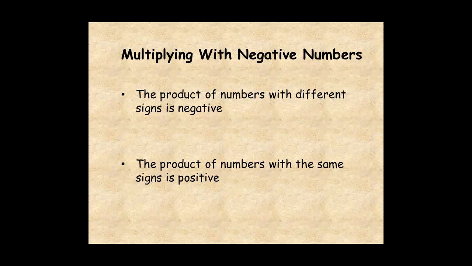Here's how the rules for multiplying with negative numbers are written. Since the product of a positive and a negative number is the product of numbers with different signs, the first rule is the product of numbers with different signs is negative. For example, 4 times negative 3 is negative 12, and negative 2 times 3 is negative 6.